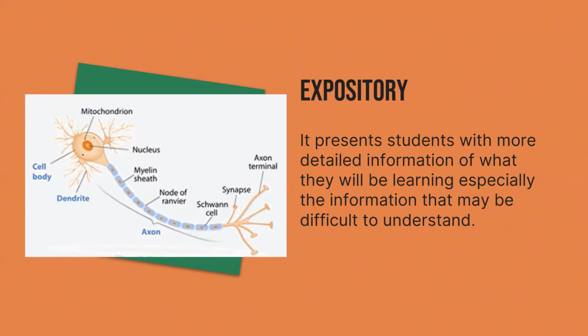Instead of asking the student, what is mitochondrion or what is a myelin sheath, you are going to immediately provide them the information, the parts of the cell, the functions. You present the detailed information right away, because this type of lesson is already complex or difficult to understand. That's what expository is all about, presenting the students with detailed information.